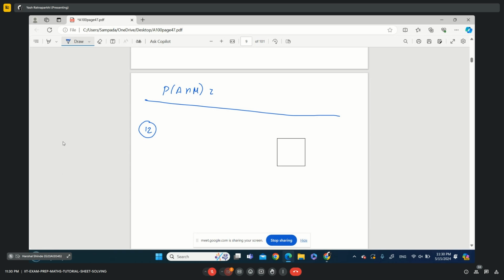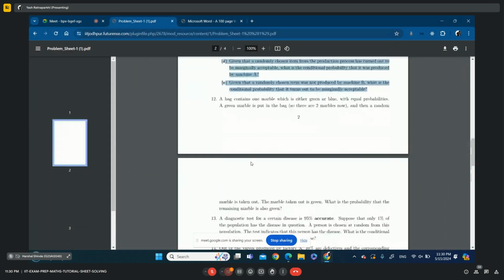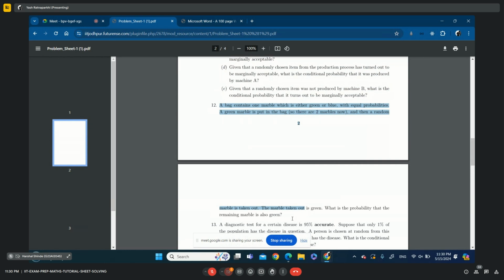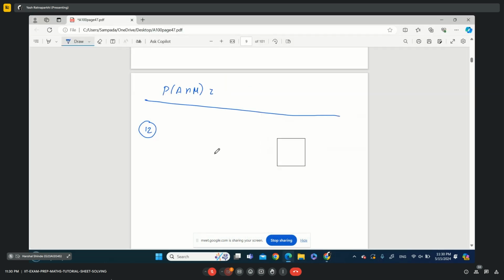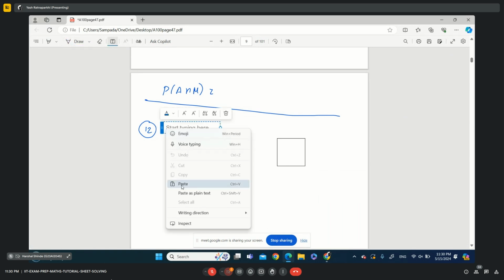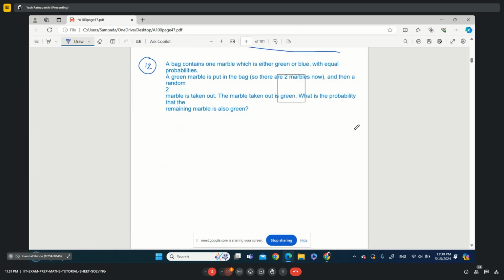Okay, so next question is relatively easy, and you will get back into the zone of solving questions. So I'll copy it and paste it there. It says a bag contains one marble which is either green or blue with equal probabilities.